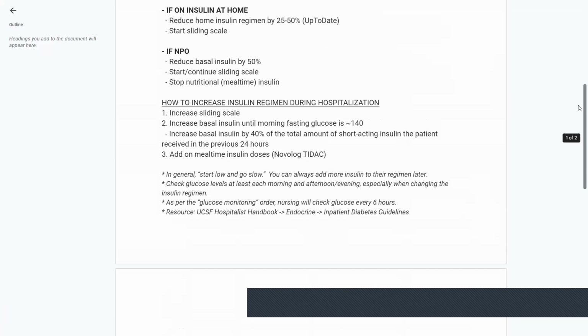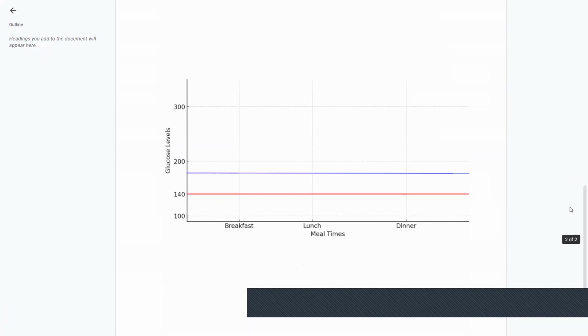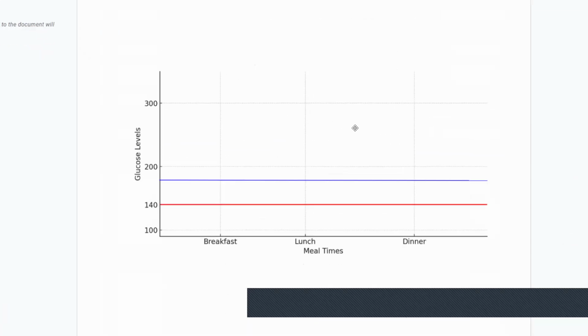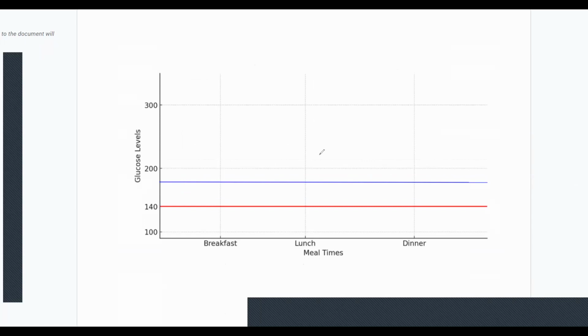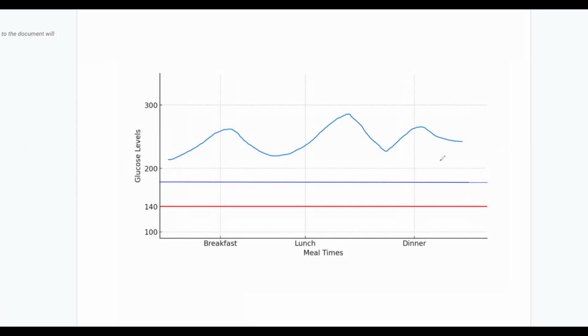Okay, so let's do another example here. Actually, I might just do the same example, but draw it out so we can see it better, and then add numbers to it. So let's say we admit the patient and their insulin, at this point, is on a medium sliding scale, and their sugars still look like this.